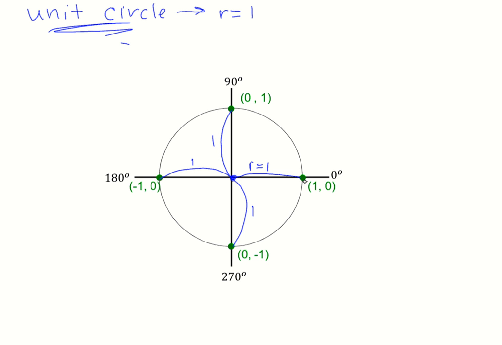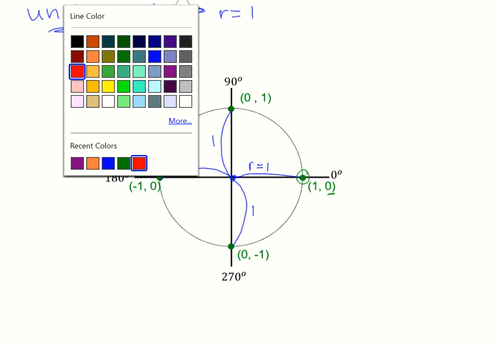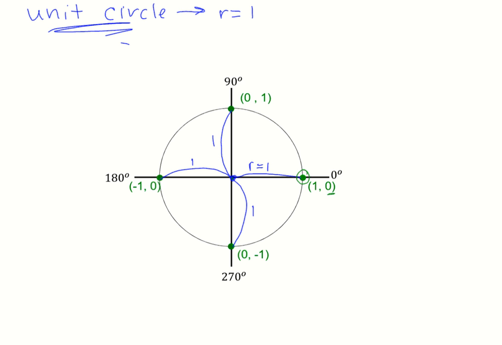Which means if we were going to now do our coordinates, this point right here, because it's 1 from the origin out to here, that's the x value. And because we're on the x-axis, our y value is 0. Up here at the 90-degree point, the angle from here to here is 90 degrees. Now we're on the y-axis, so this is x of 0, and we went up on the y-axis, which makes our y 1.